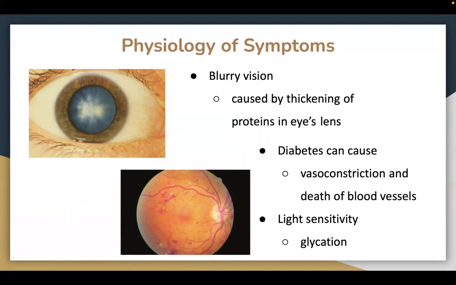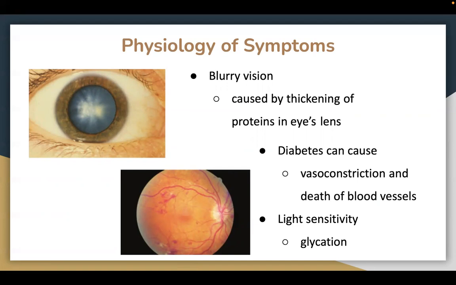Diabetes can cause vasoconstriction of blood vessels along with the death of blood vessels. That picture in the bottom left shows the blood vessels vasoconstricting and not allowing the proteins to move freely and forcing them to stick together, clump, and create that cataract on the lens.